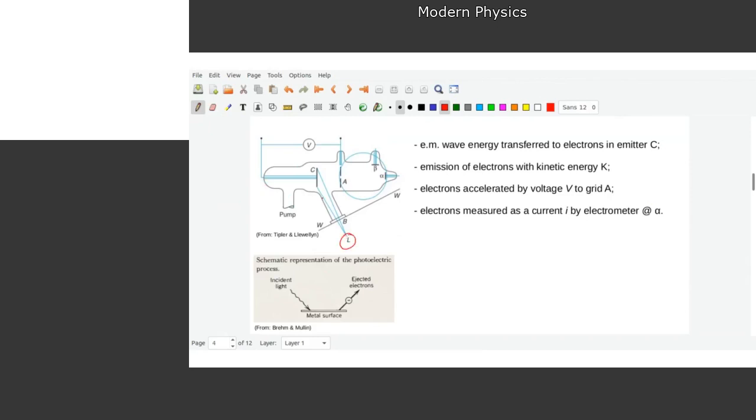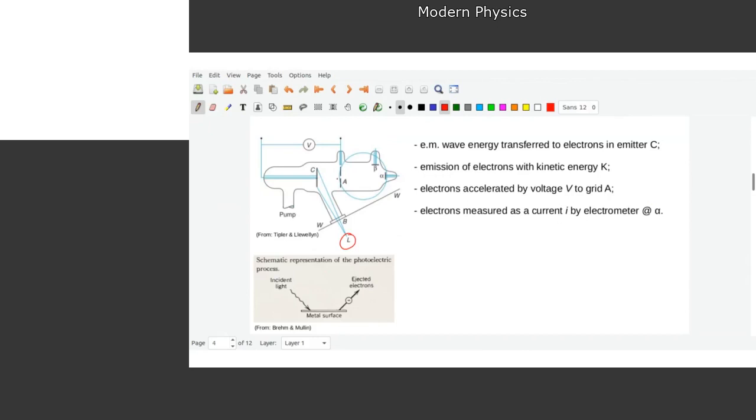You send light to a metallic cathode, and you have a pump to have some basic vacuum inside, so as to have no other effect interfering with the effect we want to study. And which effect is that? You have two electrodes, the cathode and the anode, and you have some voltage between them. We call it V. And the anode in this configuration is actually some kind of grid.